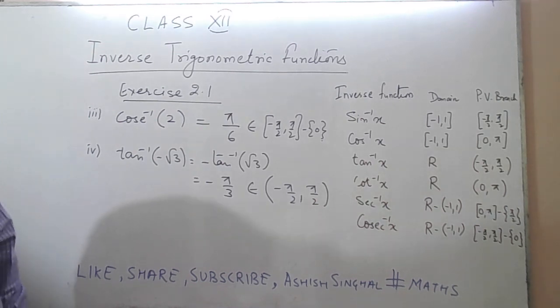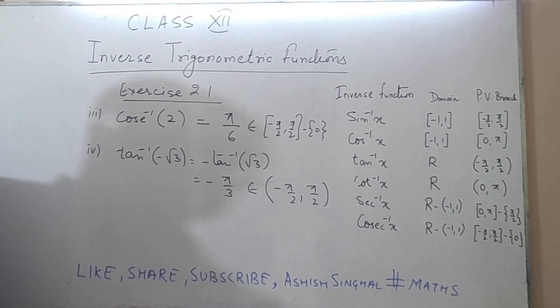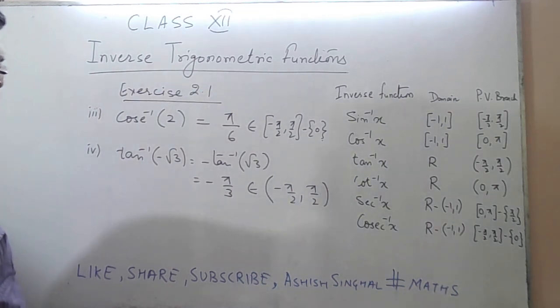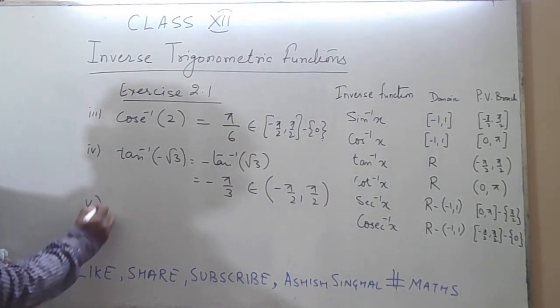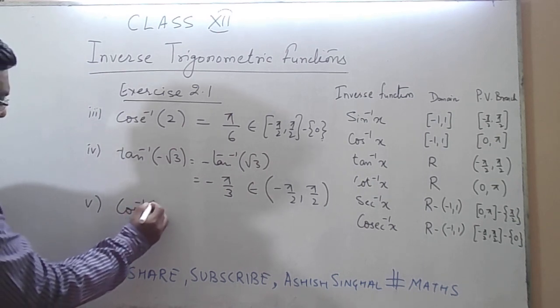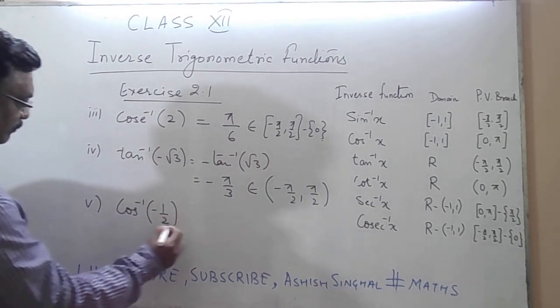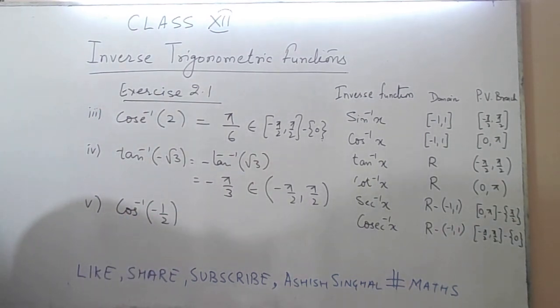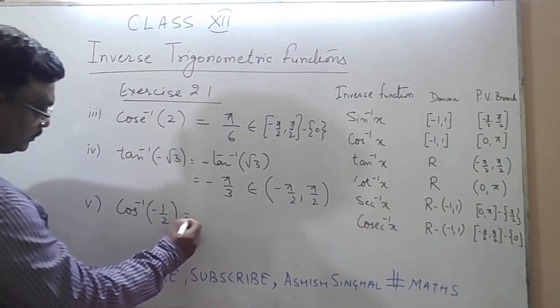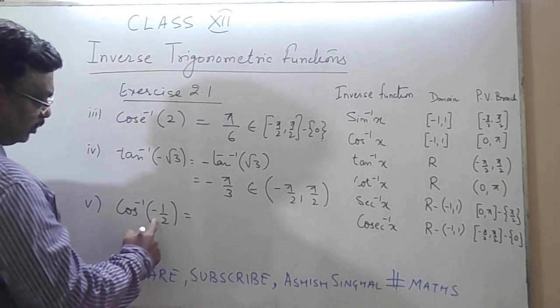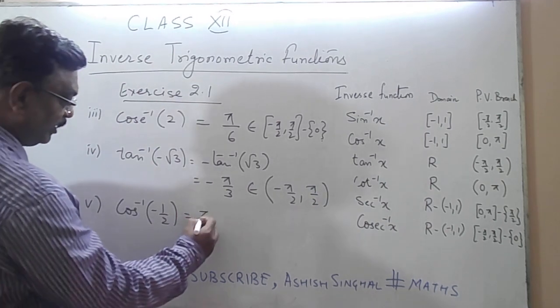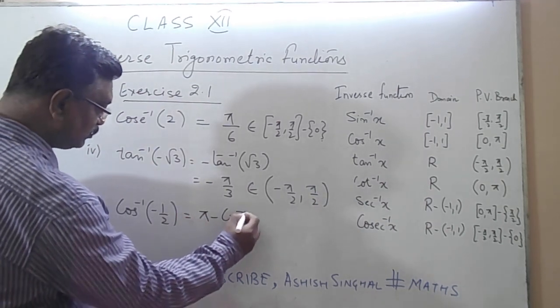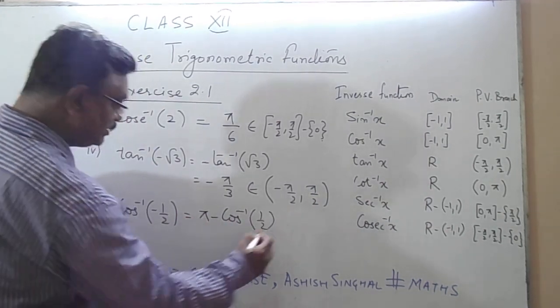Let us take up the fifth question also. Cos inverse minus half. In case of cos inverse minus x, the formula is pi minus cos inverse half.